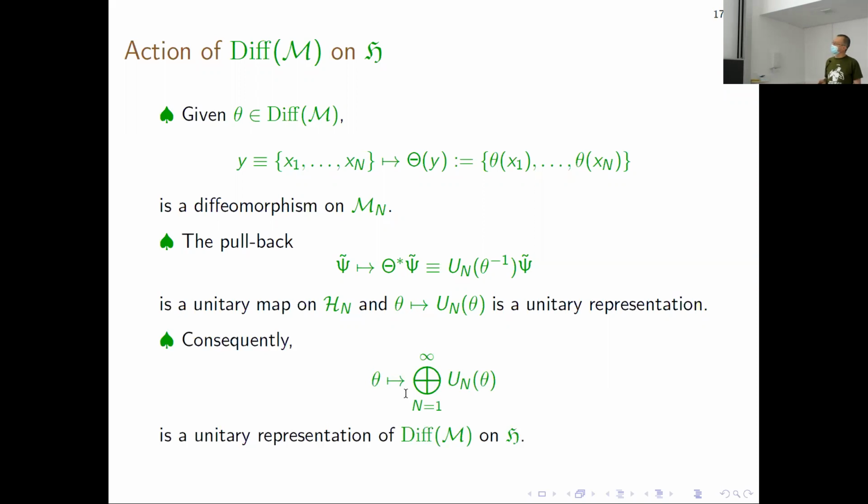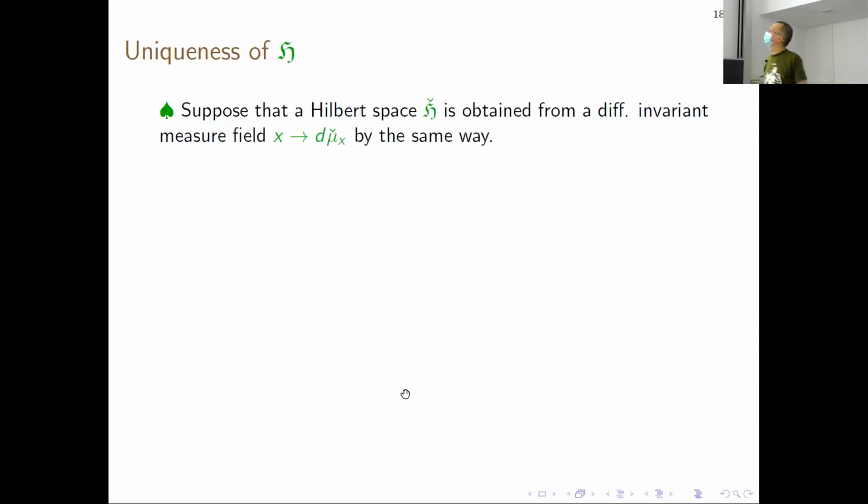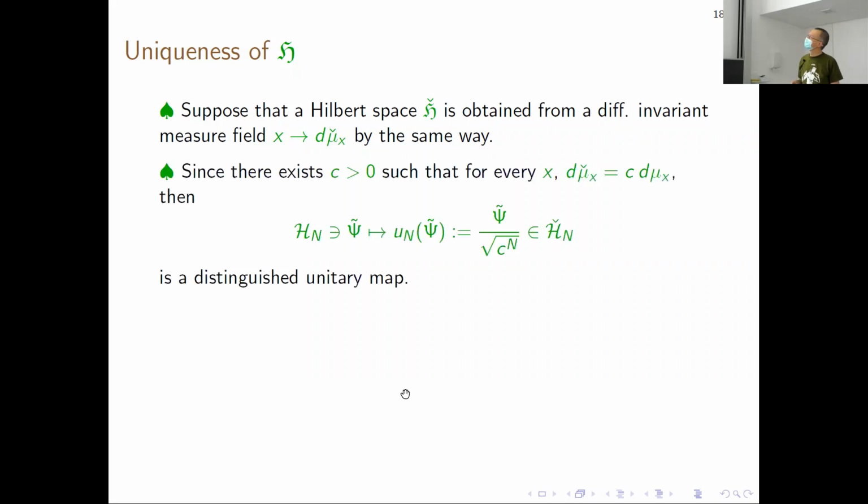Okay. Another nice property of this Hilbert space is that it is, in a sense, unique. So suppose that I got another Hilbert space by means of the same procedure, but assume that I use another diffeomorphism invariant measure. So what is the relation between this Hilbert space and this Hilbert space?